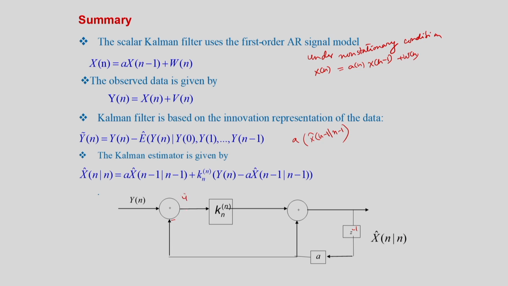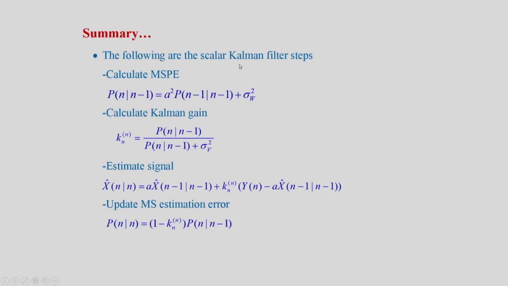This one is y tilde n, and this y tilde n is multiplied by Kalman gain and then added with the predicted value. This is the predicted value x hat n given n minus 1. This is the predicted value plus this is the corrected value Kn times y tilde n. So, that will give us the estimator x hat n given n.